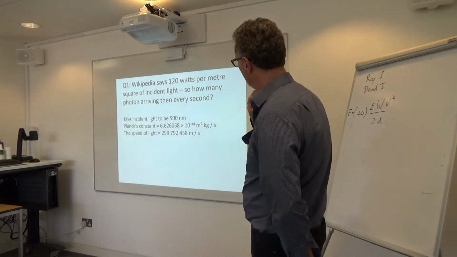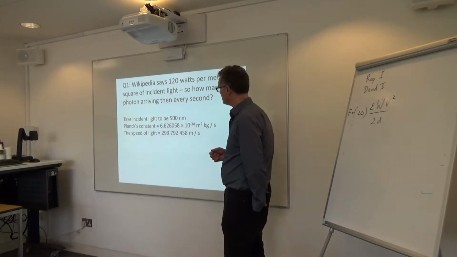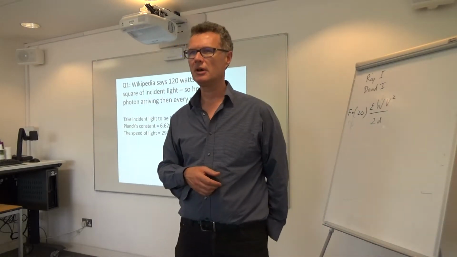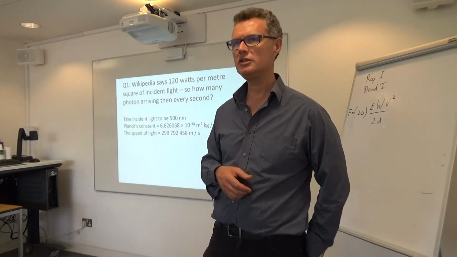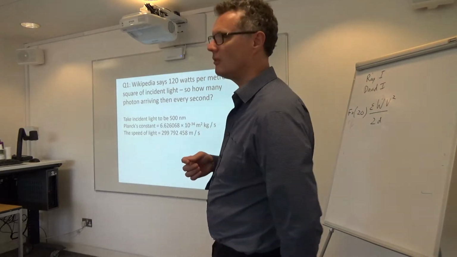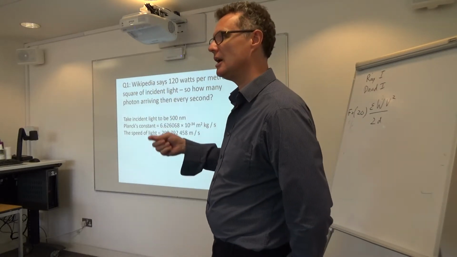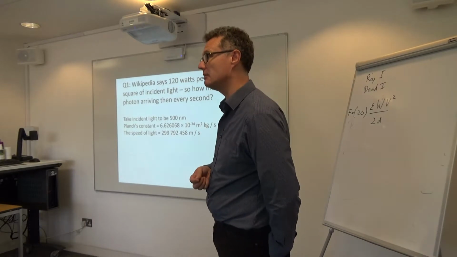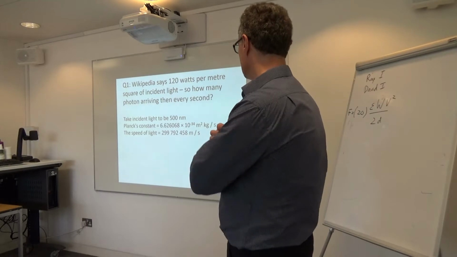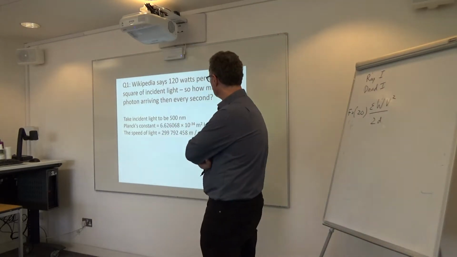We've got enough information here, I think, to work out the energy of a photon. I've got energy divided by seconds, and therefore if I inverse my answer, I can say how many things are arriving per second. That makes sense? So start off by working out the energy of one photon arriving.